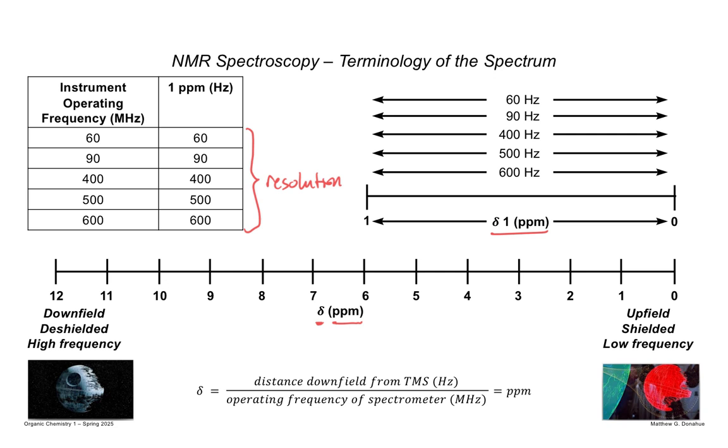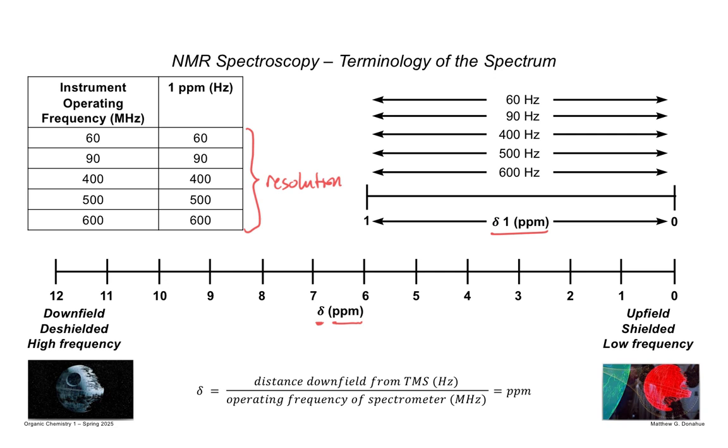You might even say potato cam, if you know what that is, very pixelated. But the more resolution you have, the finer those signals will look. Going up from 60 to 600 megahertz is a tenfold increase in resolution. What that means is if you have peaks that overlap at 60, at 600 they'll appear separated. So the greater the operating frequency, the greater the resolution.